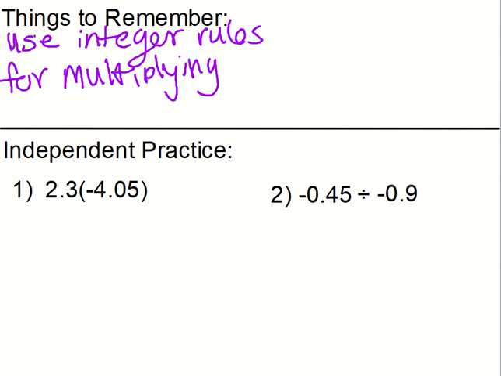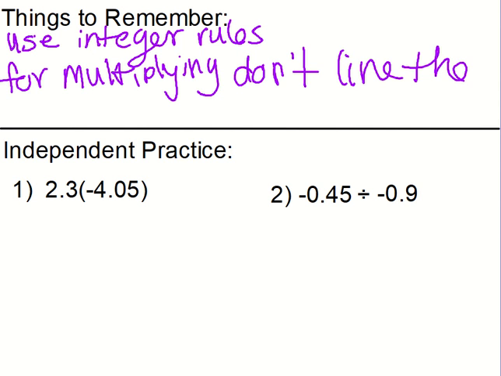Don't line the decimals up. That's something that I always see people do, is they think you have to line them up, and you don't. We just treat them like they're whole numbers and then worry about the decimals after.